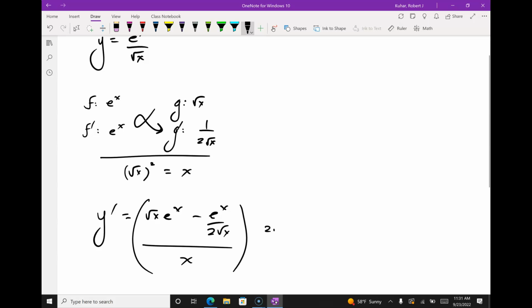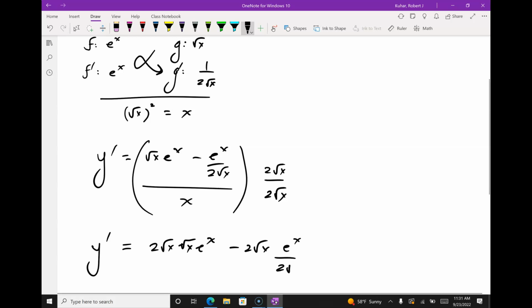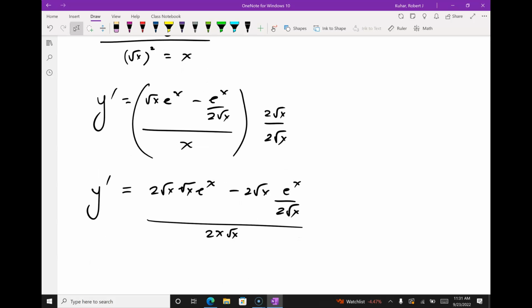So I'm going to clear with 2 rad x over itself. So it looks like I get 2 rad x times rad x e to the x minus 2 rad x times e to the x over 2 rad x. And then downstairs, 2x rad x. Nice, because some things cancel here, right? Everybody okay?